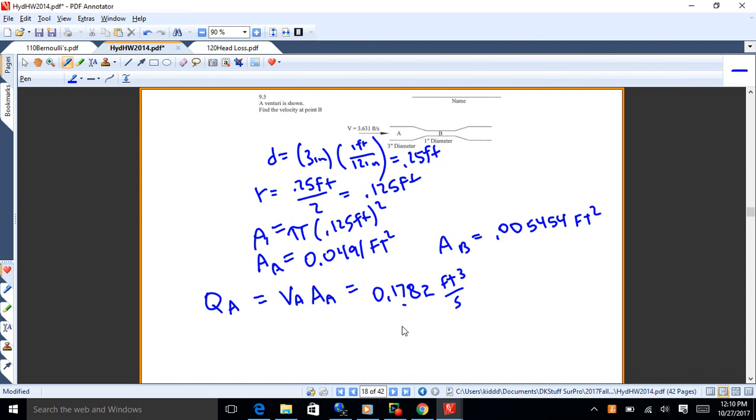Okay. And then you can find the velocity at B, which is what you want. To get that, you get Q over A sub B.